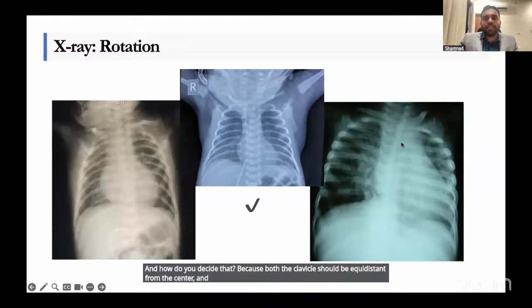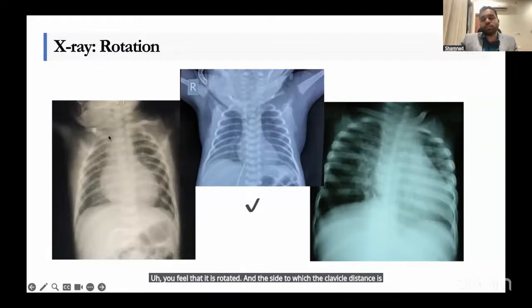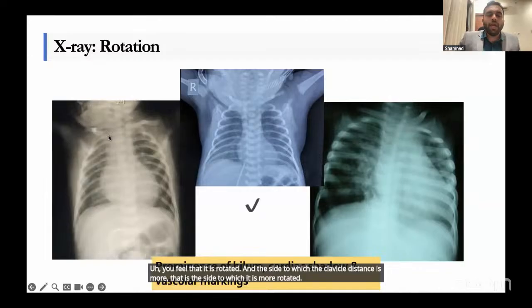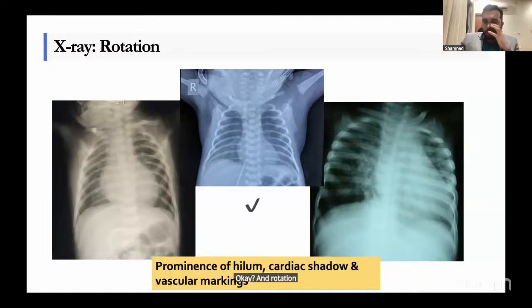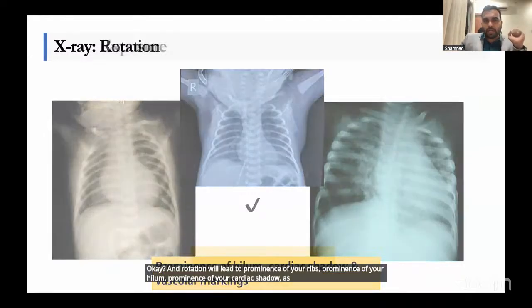If you feel that the clavicles are not equidistant, then it is rotated, and the side to which the clavicle distance is more is the side to which it is rotated. Rotation will lead to prominence of your ribs, hilum, cardiac shadow, as well as vascular markings.